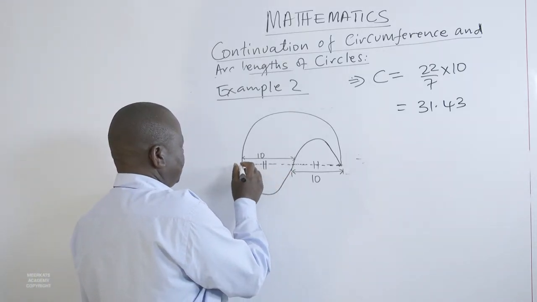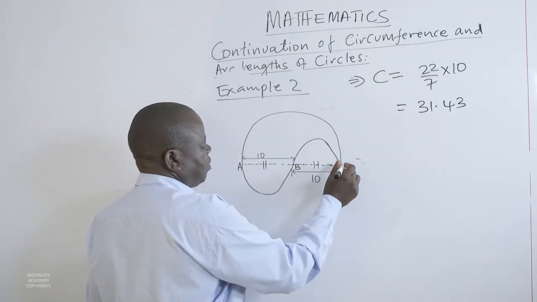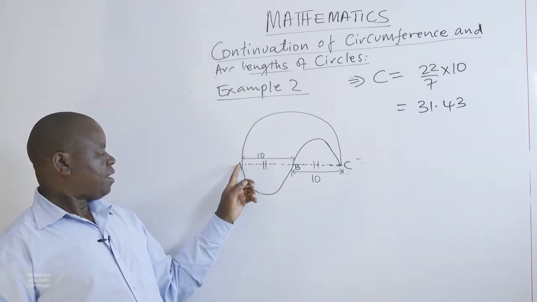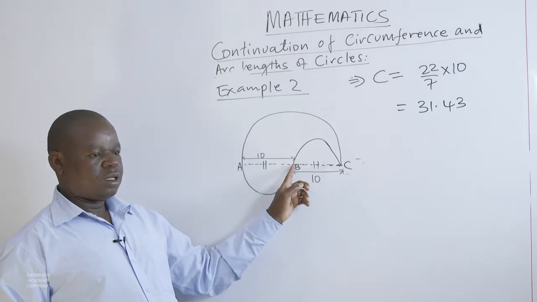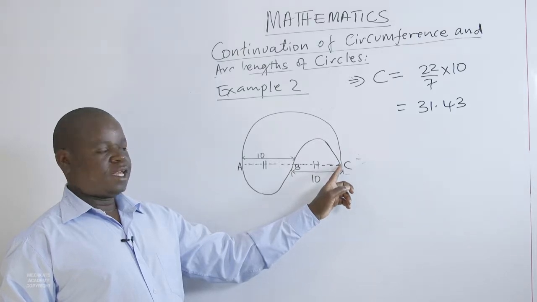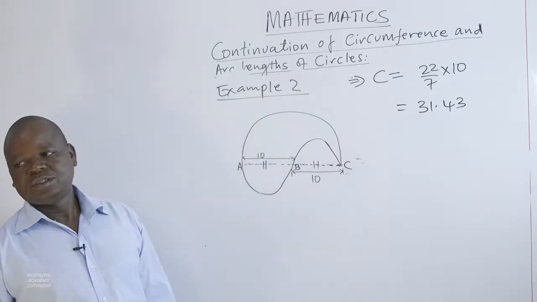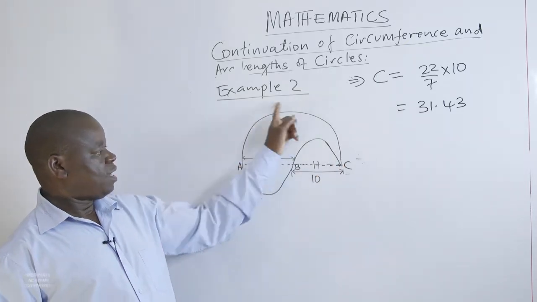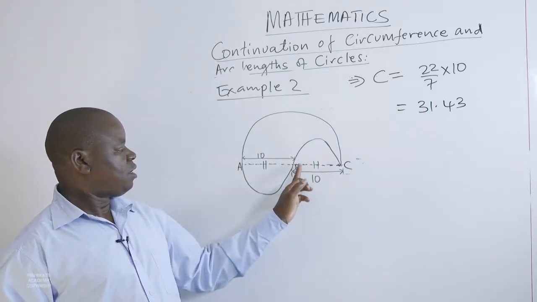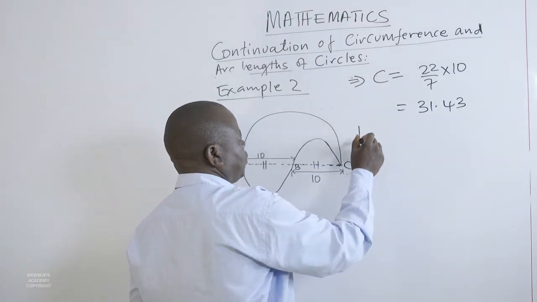If I have this point as A, this point as B, and that point as C. So I add A to B, B to C, then C go round back to A. C to A is 62.86. Then AB up to C is 31.43. So we get the perimeter of the figure.